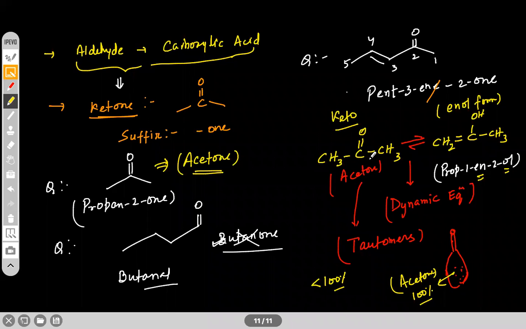The process by which acetone converts into this enol is tautomerism. The two compounds that are involved in tautomerism are called tautomers. So acetone and prop-1-en-2-ol are tautomers of each other. Are you getting it a little bit?